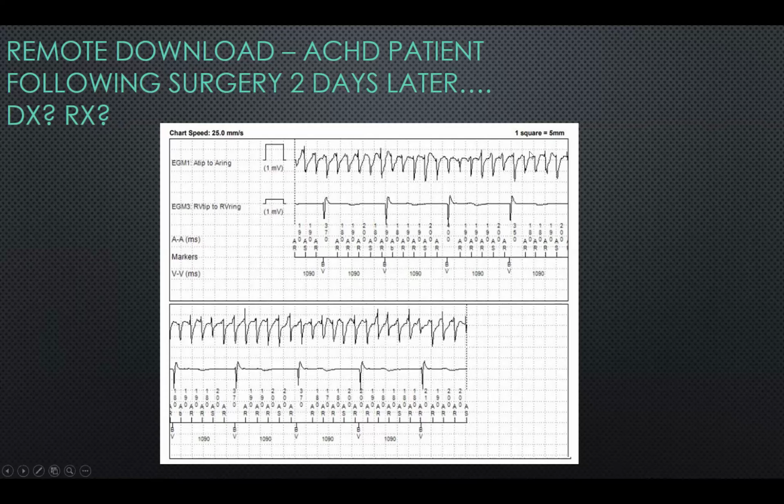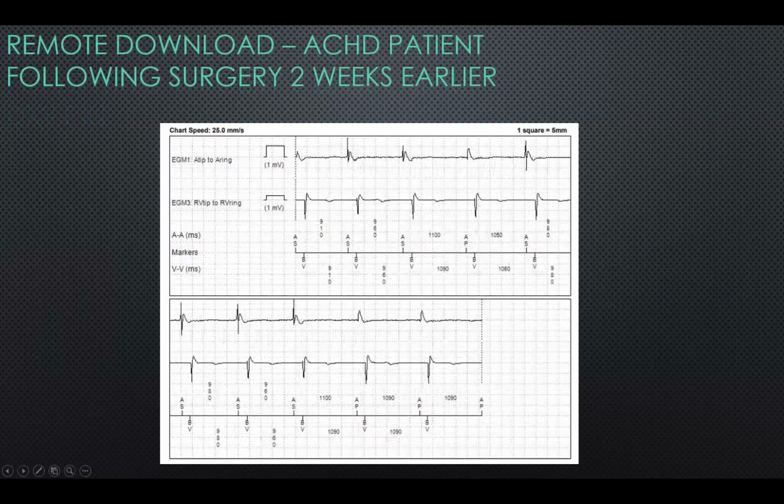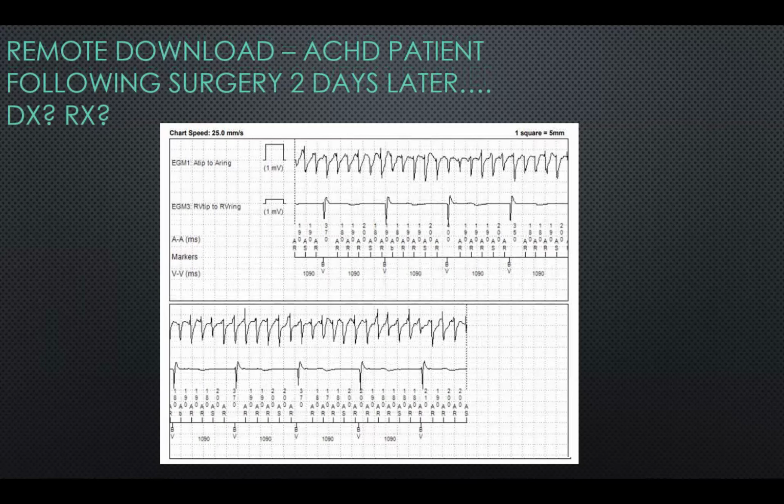Look at the impulse instead of looking at the marker channel. What's going on here? What's the atrial rate? So look at this one. What's the atrial rate here? It's like around 1, 2, 3, 4, 5, around 60 beats per minute. Okay. And what's this one? Is this one faster or slower?